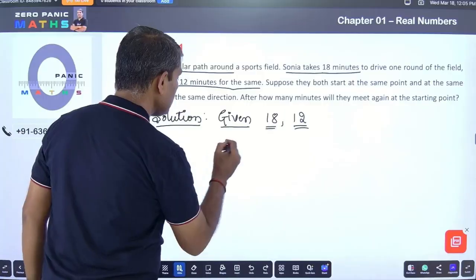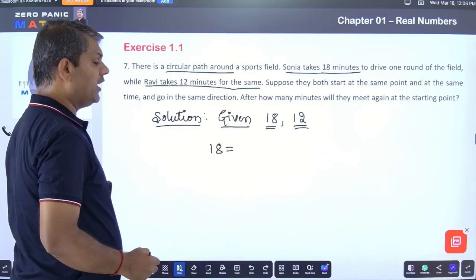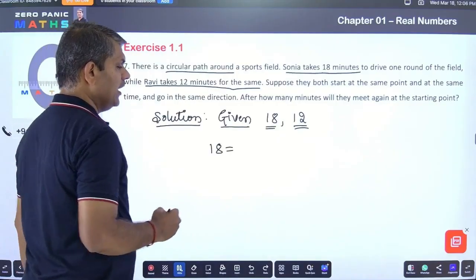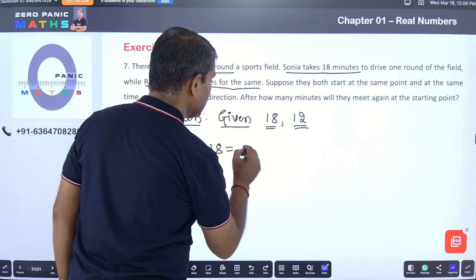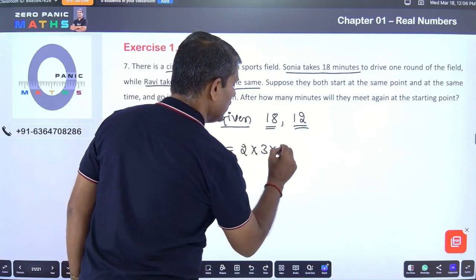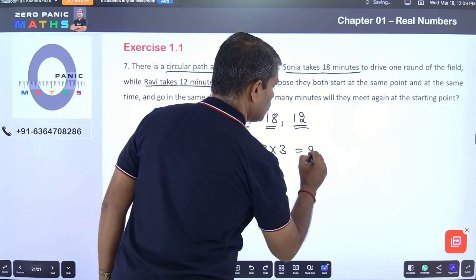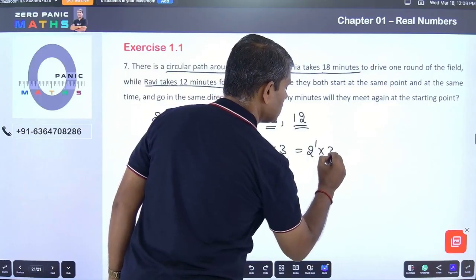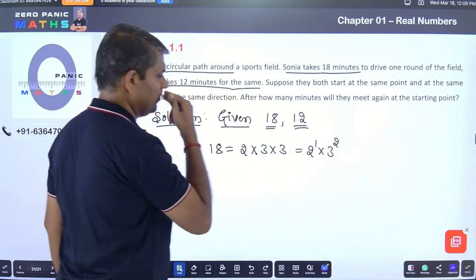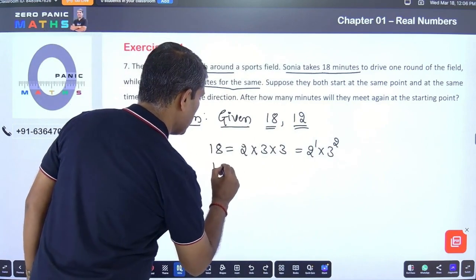Okay, so 18, write the prime factors of 18. How do I write 18? 18 is 6 3s are 6. I can again write it as 2 into 3. So 2 into 3 into 3, which is 2 to the power of 1 and 3 to the power of 2. Okay, and 12.